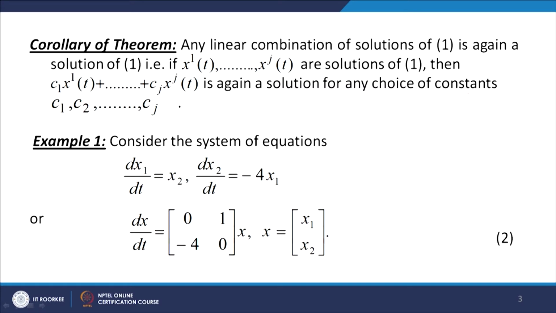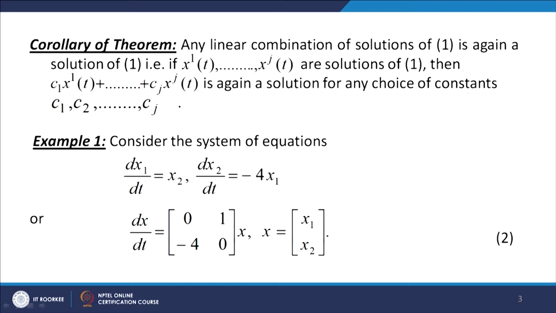Now, this will be equal to c1 times A x1(t) plus c2 times A x2(t) and so on cj times A xj(t), which is equal to A operating on c1 x1(t) plus c2 x2(t) and so on cj xj(t). So, if x1(t), x2(t) and so on xj(t) are solutions of equation 1, then their linear combination is also a solution of equation 1.